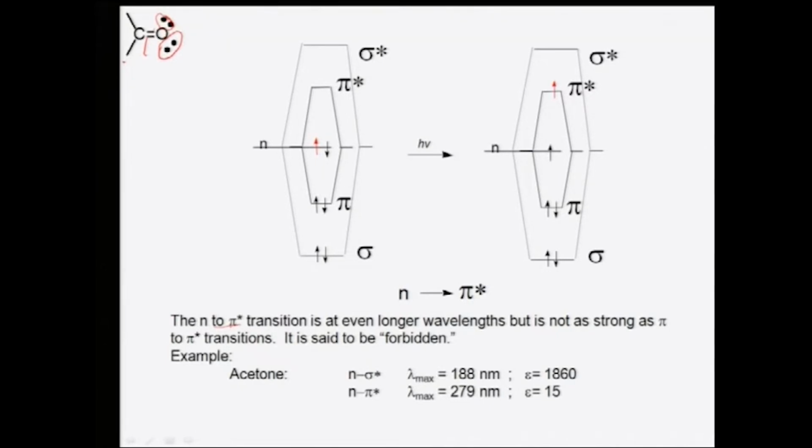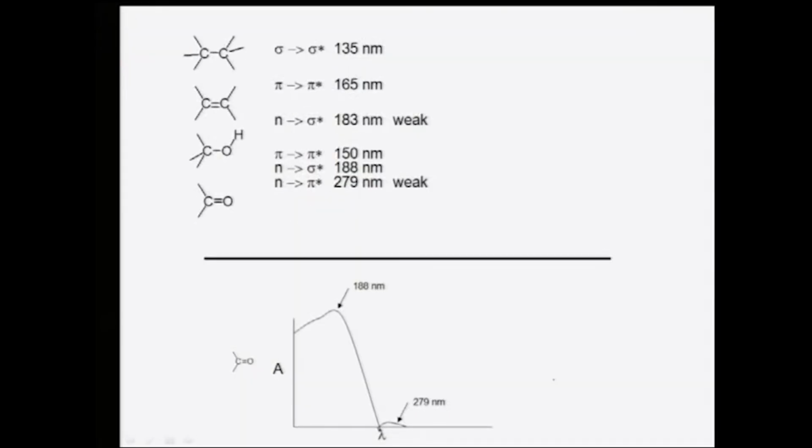Therefore, n to pi star transition is not normally forbidden. In acetone, the n to sigma star transition happens at 188 nanometers and n to pi star happens at 279 nanometers, with the molar absorptivity given by this value, which can be calculated or measured.